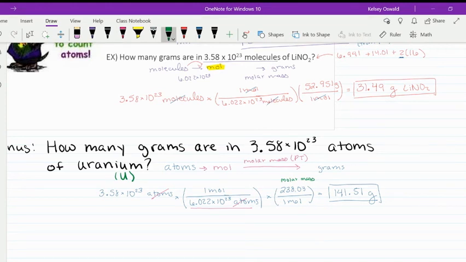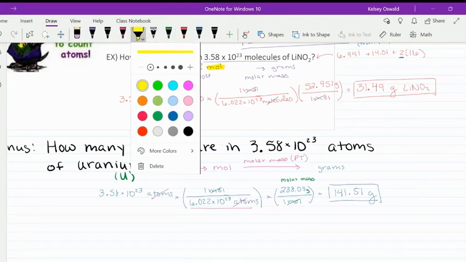We don't have to add anything to it. But then we can see that we have moles on top, moles on bottom, so we're left with grams as our final answer. So when you guys do these, always stop at moles first before making the full jump to grams or to atoms.